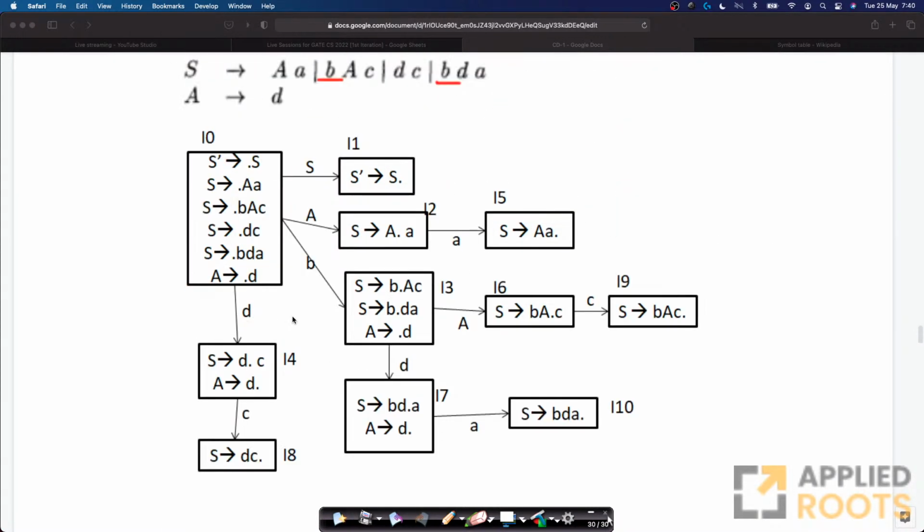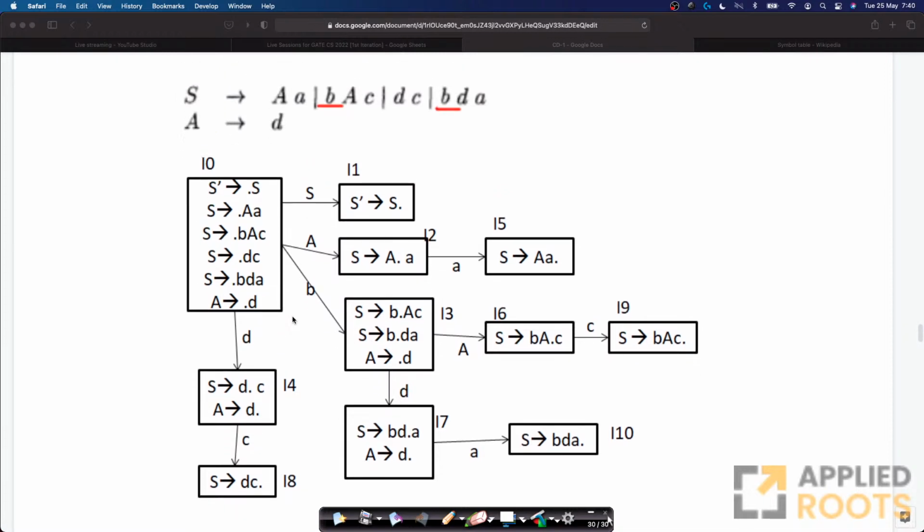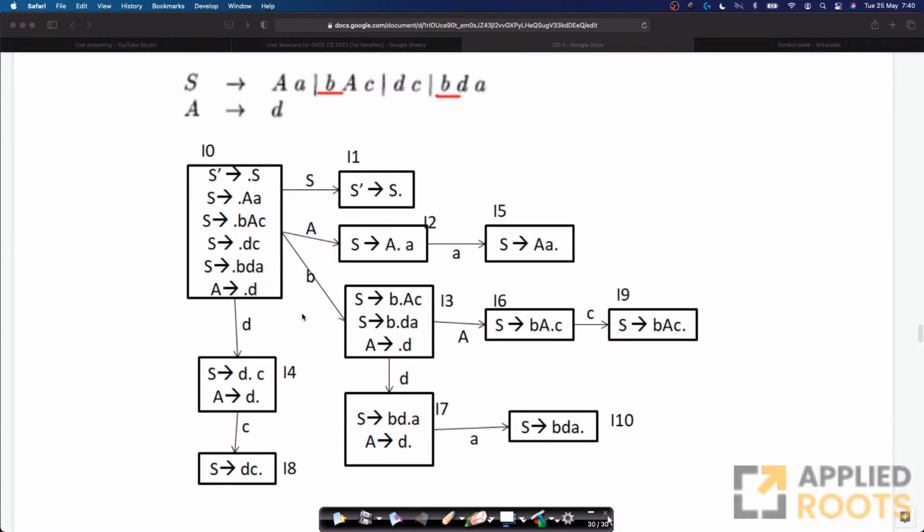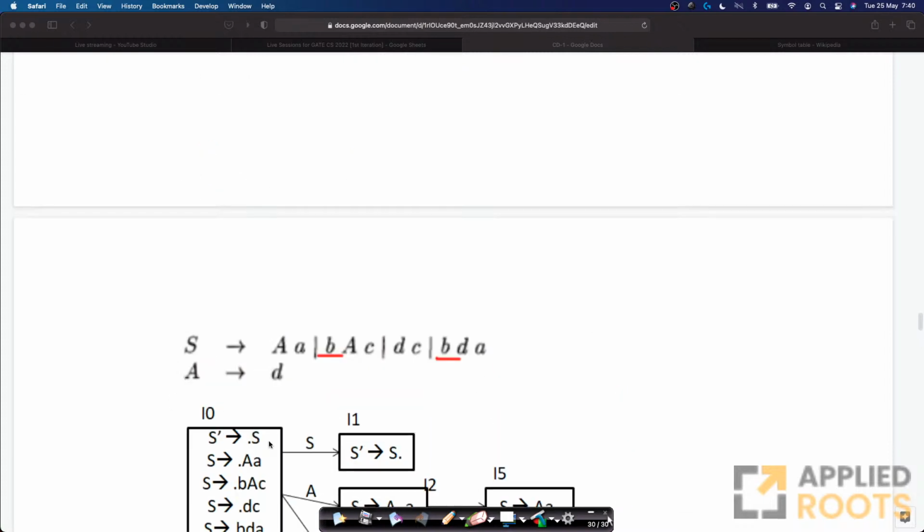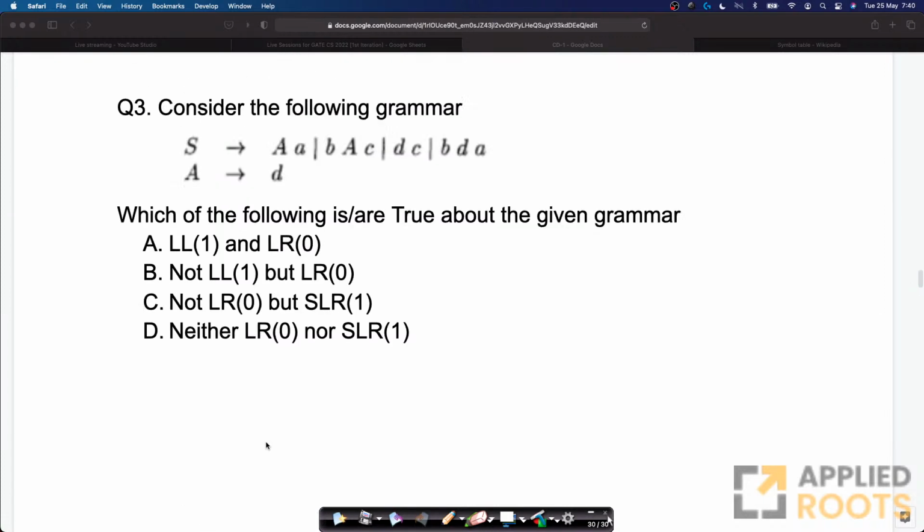Simple structure. Again, this problem takes time. The reason I said this problem is time taking is because it's better to draw this to avoid silly mistakes. I've seen a lot of you who probably made silly mistakes on this problem because you didn't go through it thoroughly. This problem is actually easy if you follow the steps, but we would rate it as per GATE standard as medium plus lengthy.